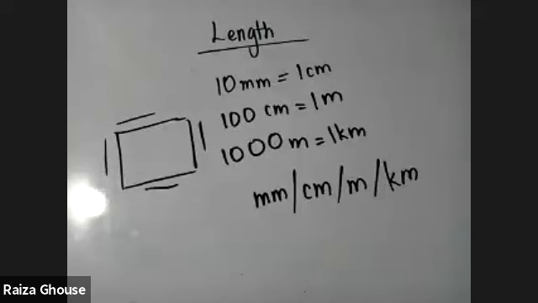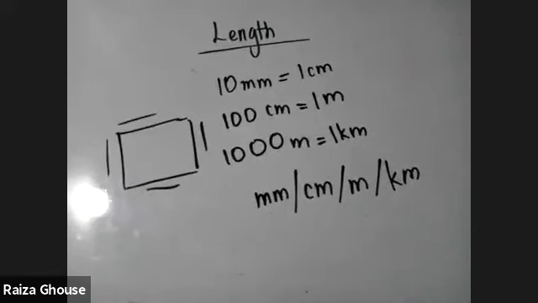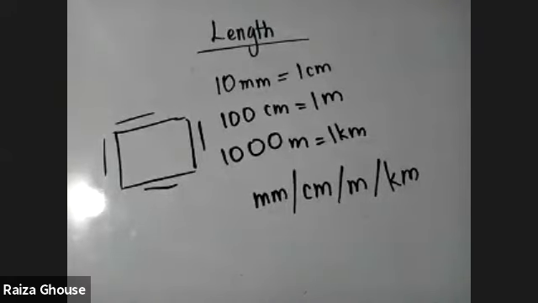The total outer distance of a closed plane figure is known as perimeter. Okay.